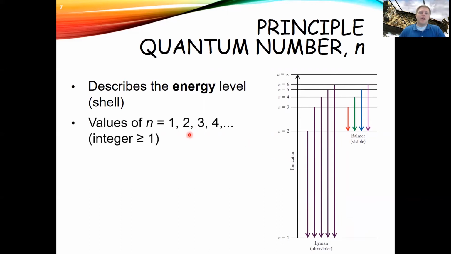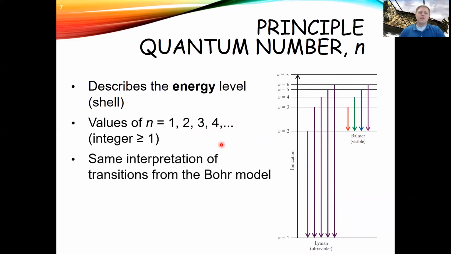And it can range in value from 1 upward, and it has to be a whole integer value. So we're still interpreting this the same way as we did with the original Bohr model. We've expanded the Bohr model now. We've called electrons waves, so we're dealing with this new world. But N is still just the quantum number that describes which shell, or which N value, we're at.